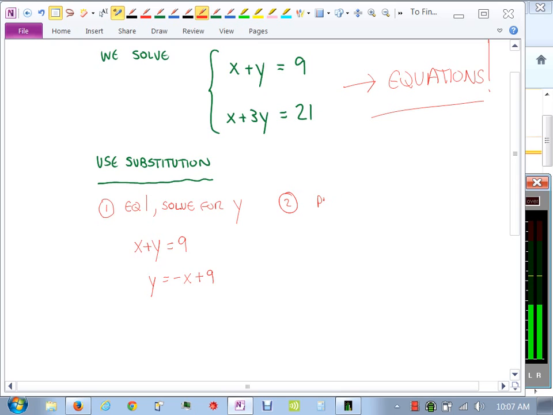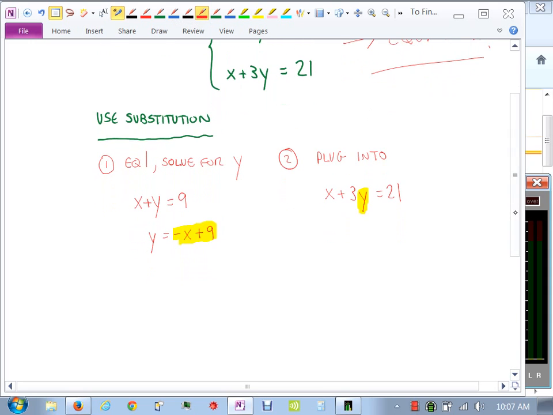So I'm going to plug into x plus 3y equals 21. I'm replacing the y with negative x plus 9. So it becomes x plus 3, and then in parentheses, y is negative x plus 9, equals 21.